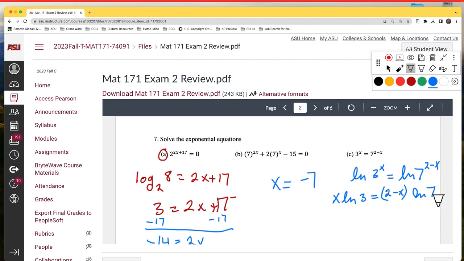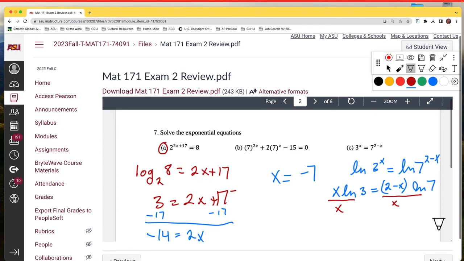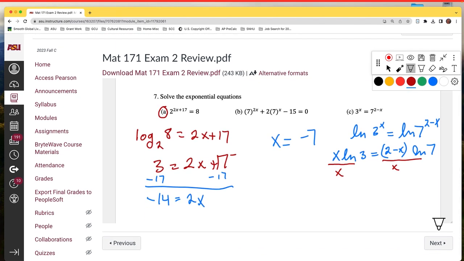So it's not real nice, but what we've got to do is solve for x, right? So let's divide by x. The x is canceled here. We have natural log of 3.